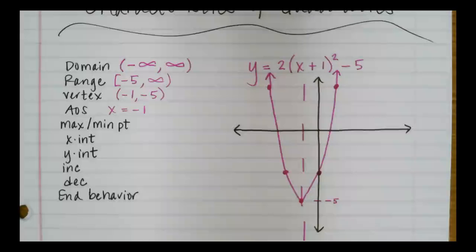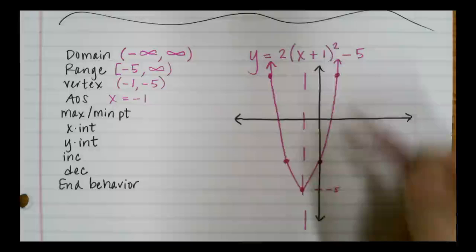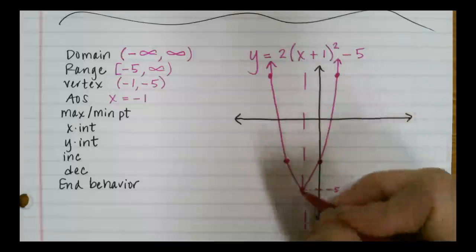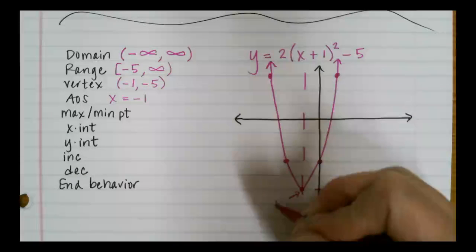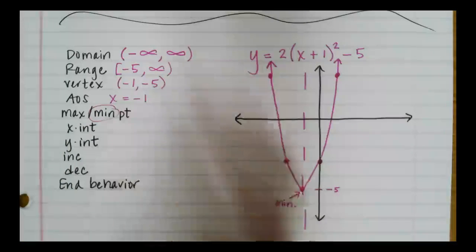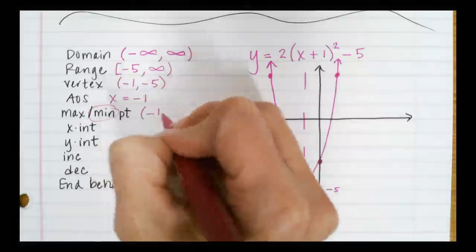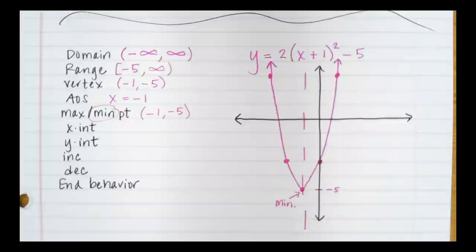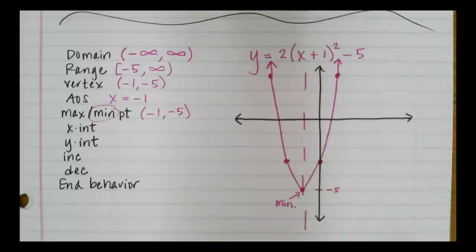All right, maximum or minimum point. Well, since this parabola is positive and going up, I know that this is a minimum. So I have a minimum point, and it's located at the vertex. All right. The x-intercept, I'm going to pass on that for just a second and come back to it.